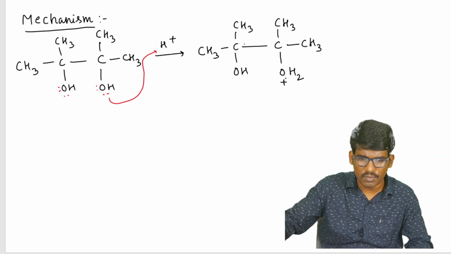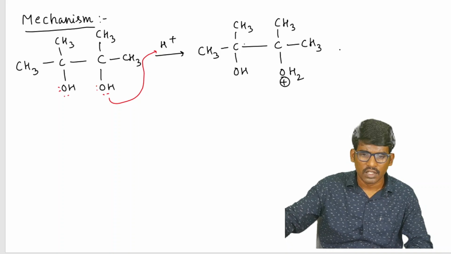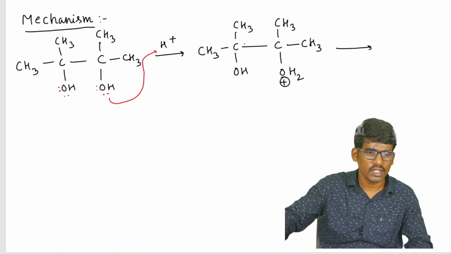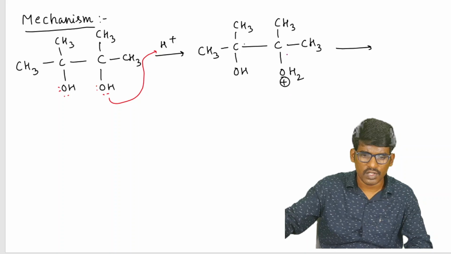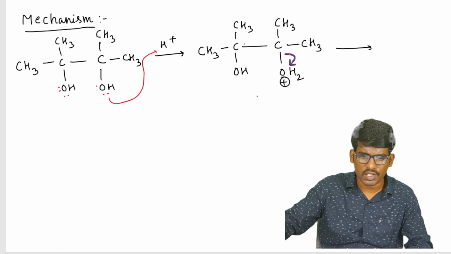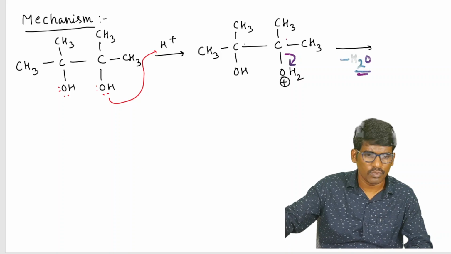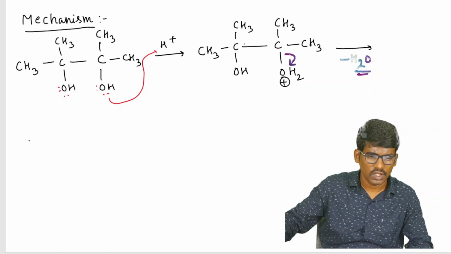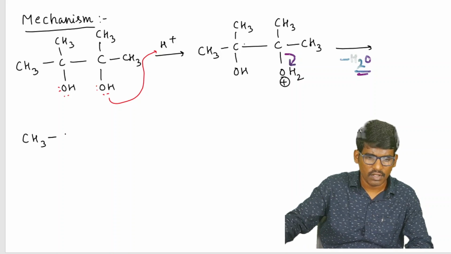Now oxygen develops a positive charge, and obviously we need to polarize the bond in this way. By that, the water molecule can be removed. H2O, we are going to remove it.